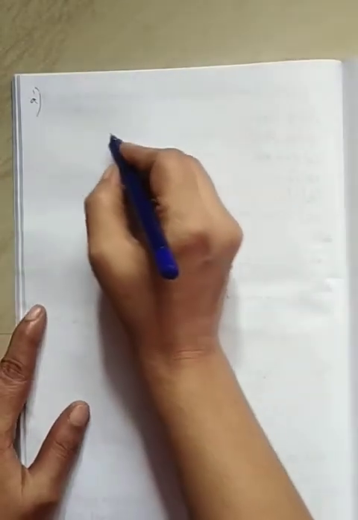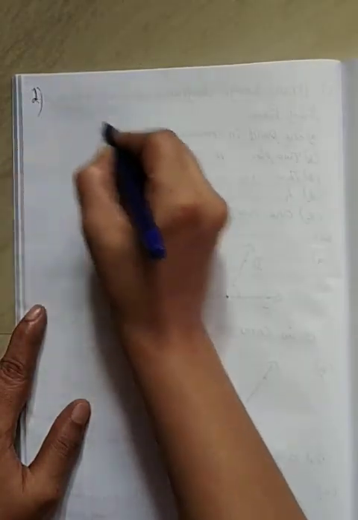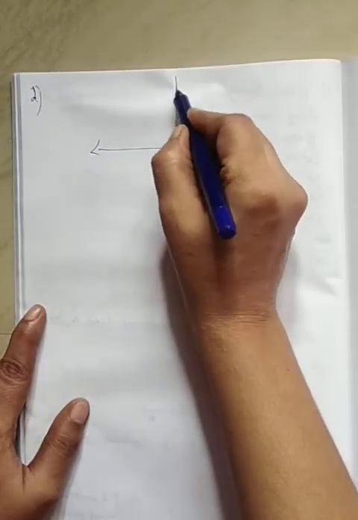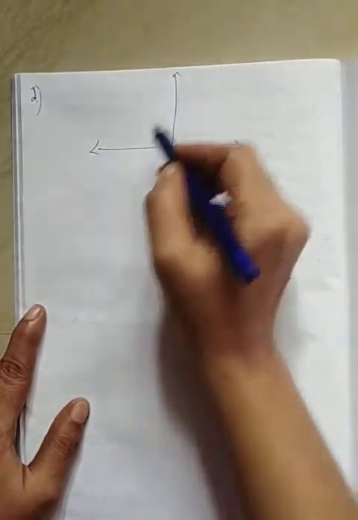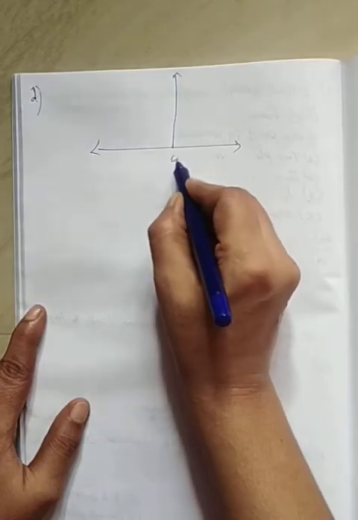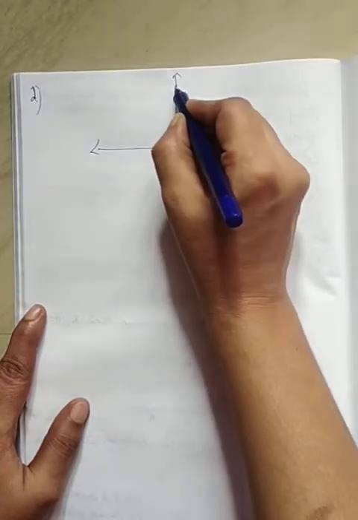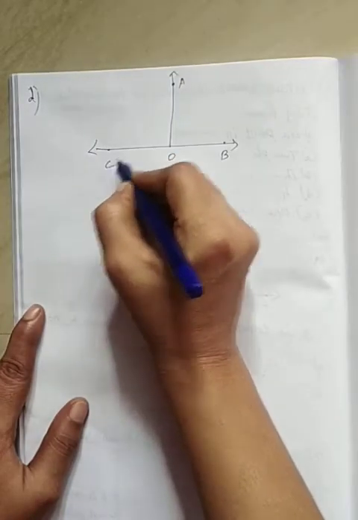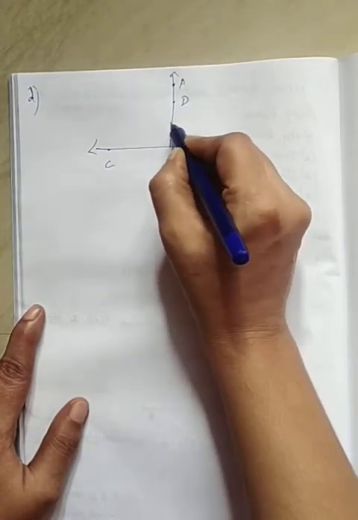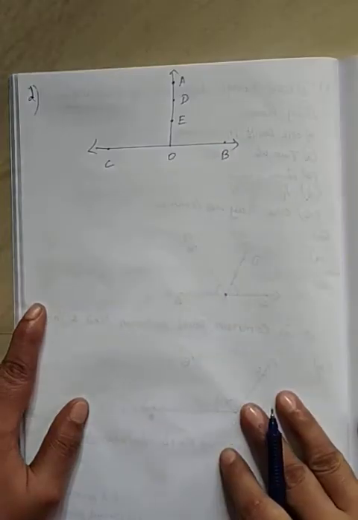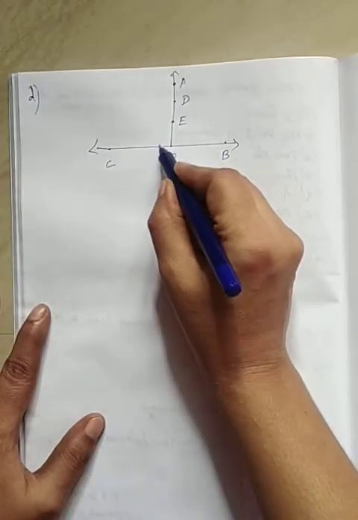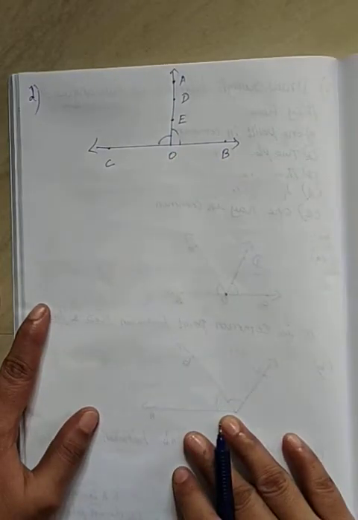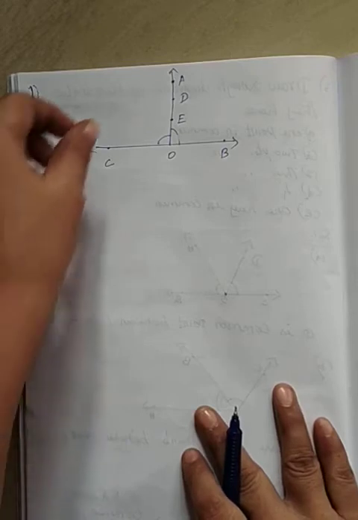See here. So, O, this is A, B, C, D, and then this is called E. Now see here, two angles. This is one angle, this is another angle. Okay. So, two angles, 4 common points.